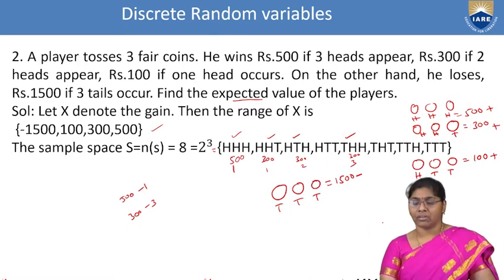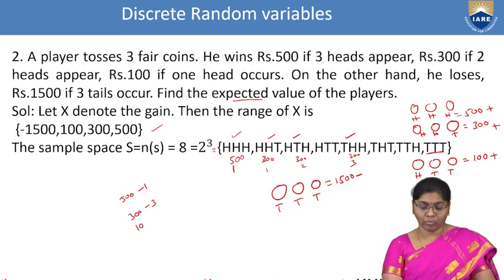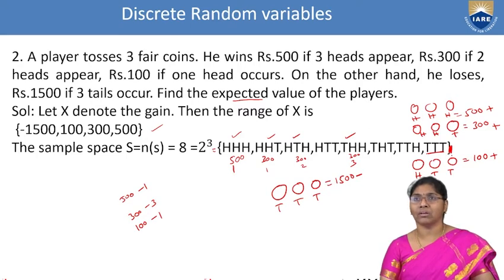Next, all are tails. All are tails means 1500 loss.